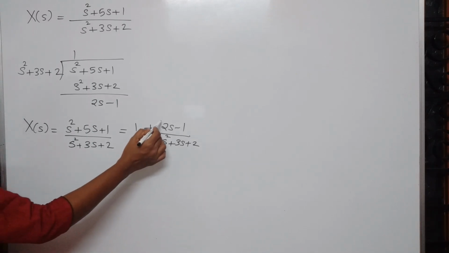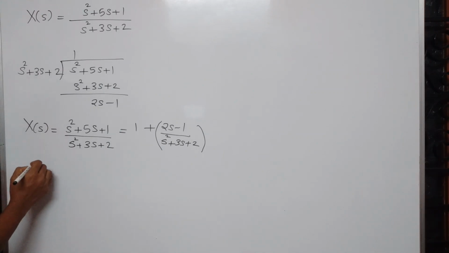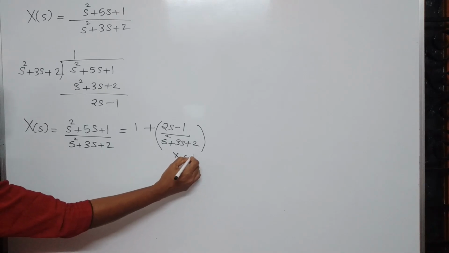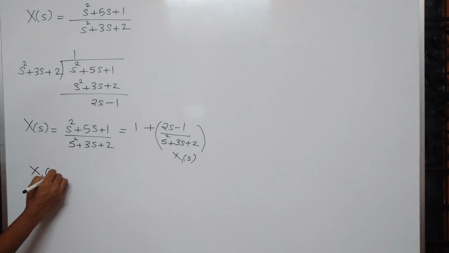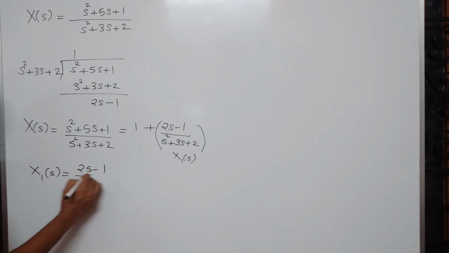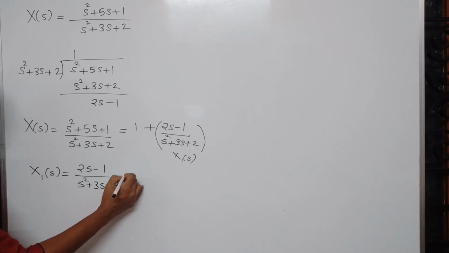Okay, now we'll take this term alone and apply partial fraction. So let this be x1 of s. Okay, so x1 of s equal to 2s minus 1 by s square plus 3s plus 2.